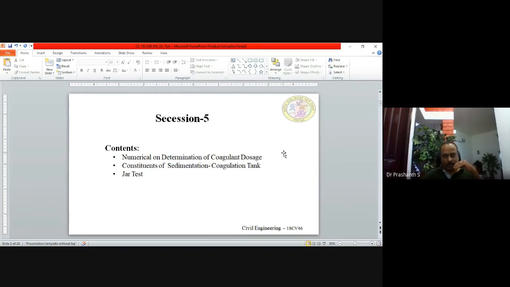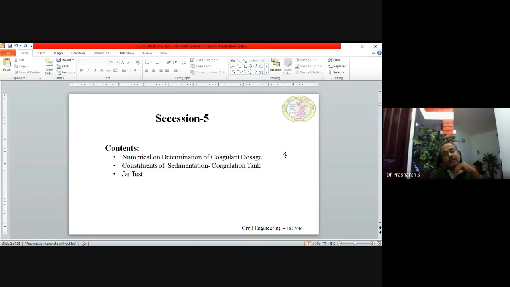There are some particles which are very fine, very small, which are not removed even after giving enough detention time. For those particles, we add chemicals to the sedimentation tank. These coagulants have chemical reactions and form flocs, and these flocs attract the very fine particles and settle down. This is what happens in coagulation.